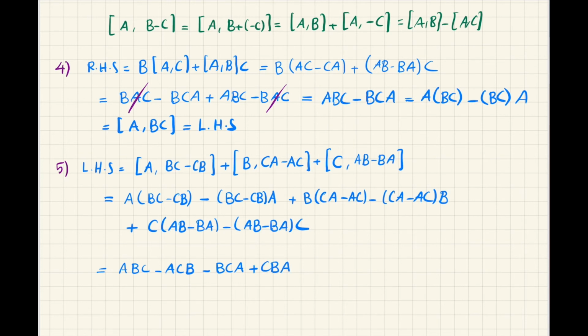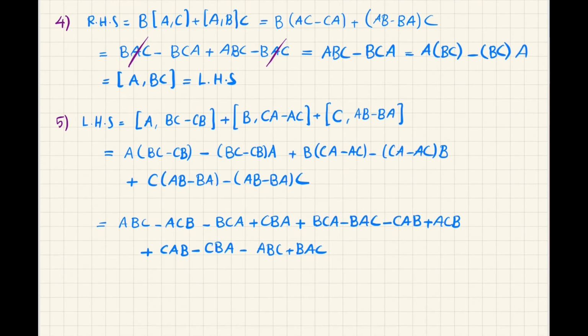It's extremely important to keep the order because matrix multiplication is not commutative. The next one is BCA minus BAC, and then minus CAB plus ACB. The second line would be plus CAB minus CBA, and then finally minus ABC plus BAC.